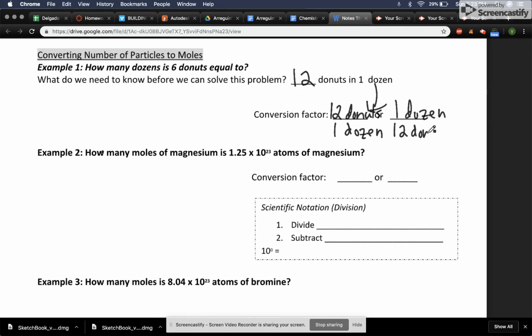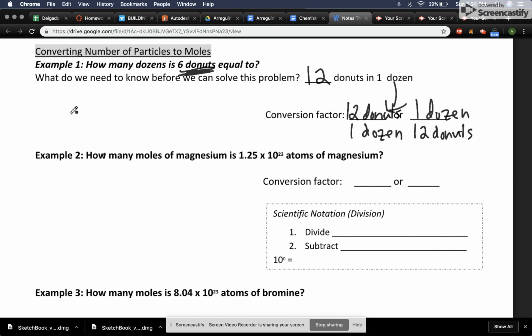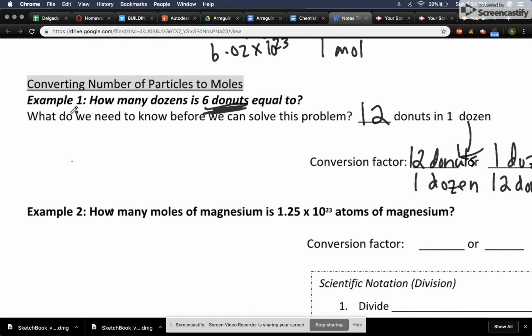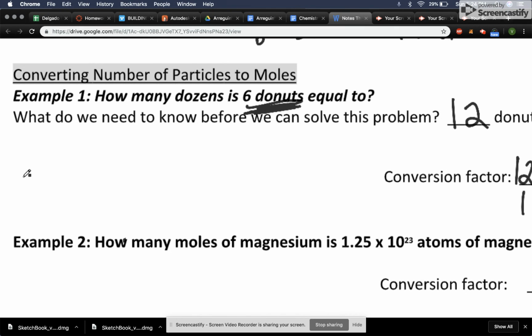Okay, so this helps us be able to utilize this conversion factor one way or the other. Okay, it just depends on what's being asked in the problems. So since here it is stating that we have 6 donuts first, then I'm going to write down my 6 donuts in our space here. So what we're going to start off with is 6 donuts right in here. So I have 6 donuts.